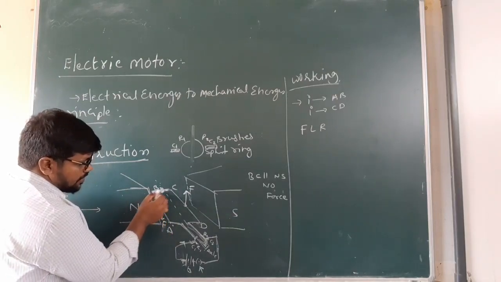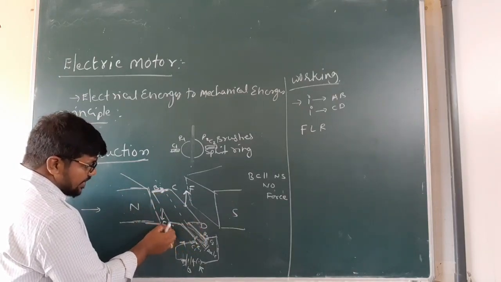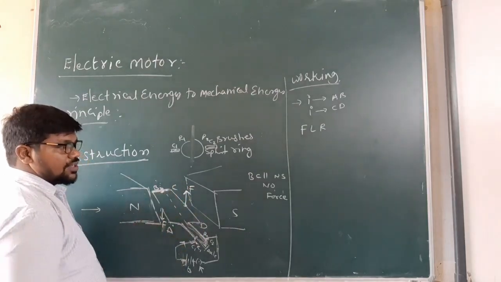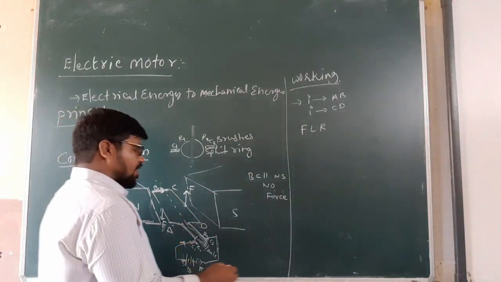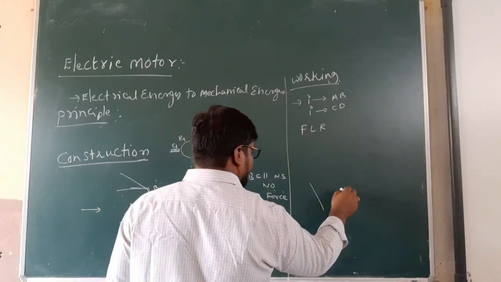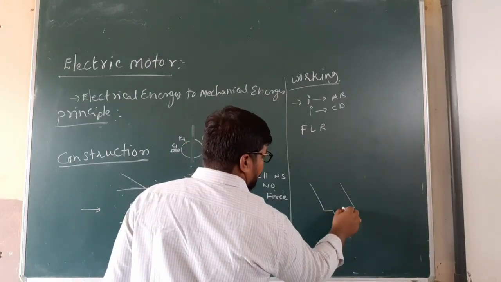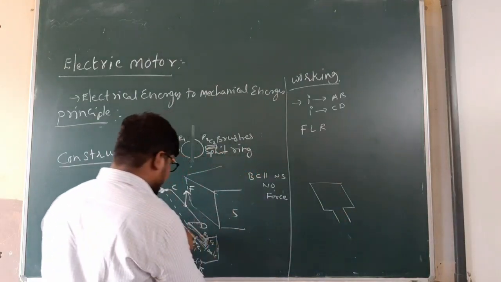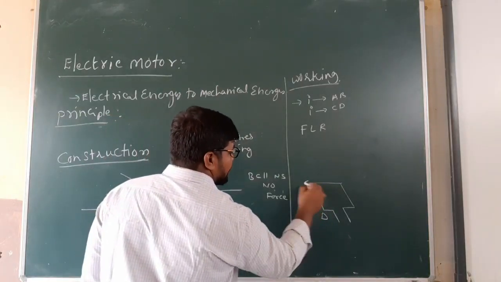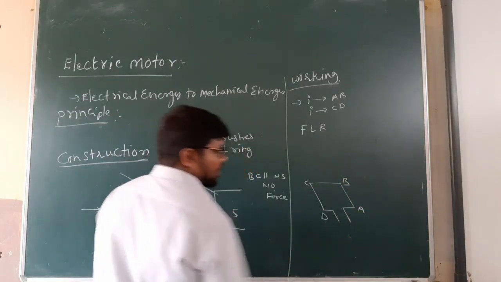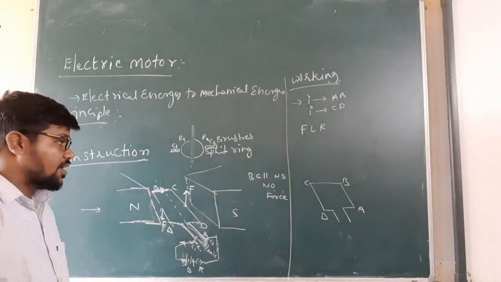Here, after one rotation, ABCD becomes DCBA. You have to observe this.